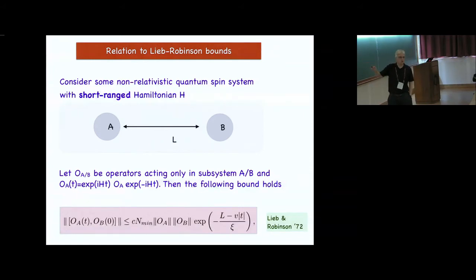Okay, and the Hamiltonian is short range. That means the terms in the Hamiltonian density only connect nearby sites. Then they say, now let's consider two spatially separated regions in this quantum spin model in d dimensions. I call them A and B. And the linear separation, the minimal distance between the two of them, I call L.